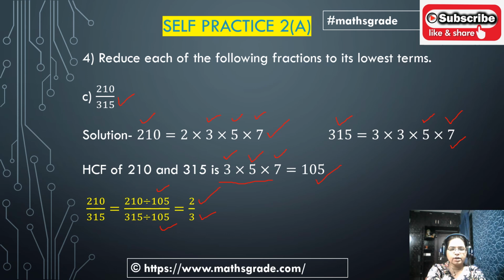So 210 divided by 315 equals 2 divided by 3, and 2 divided by 3 is the lowest terms of the fraction 210 divided by 315.